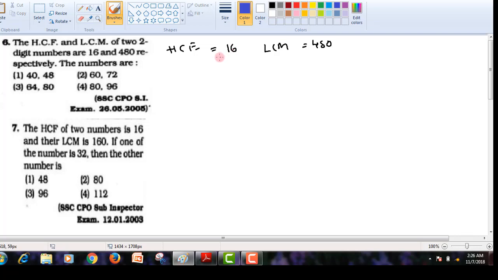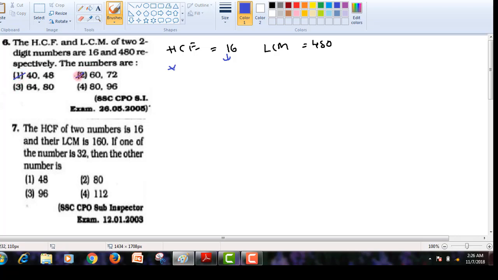For this, firstly you should know one important concept. If the HCF of two numbers is 16, then the two required numbers are multiples of 16. By using this concept, if you observe the options, you can eliminate the first and second options.